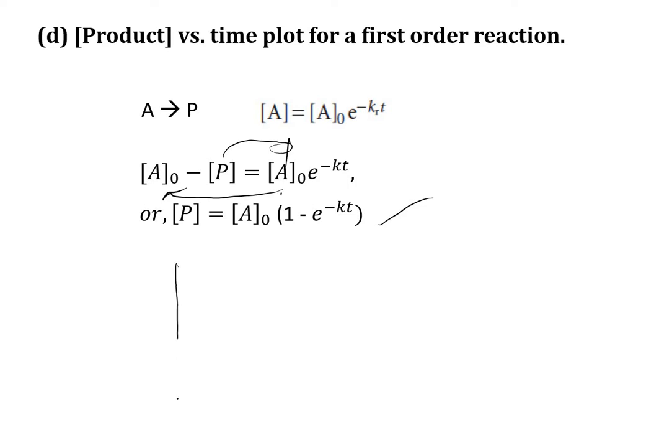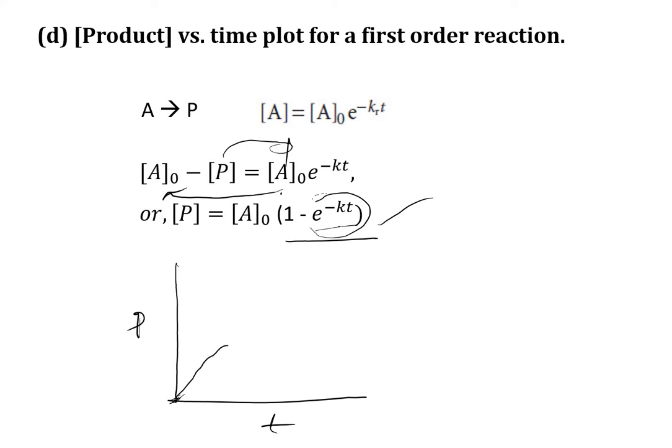So what you need is a plot of P, as the question demands, versus time. So start with t equal to 0. If t equal to 0, then e to the power 0 is 1. So 1 minus 1 is 0. So A0 into 0 is 0. So it starts from the origin. But as time increases, this value decreases because minus Kt is there. So this value decreases and 1 minus this total value increases, so it gradually goes up.